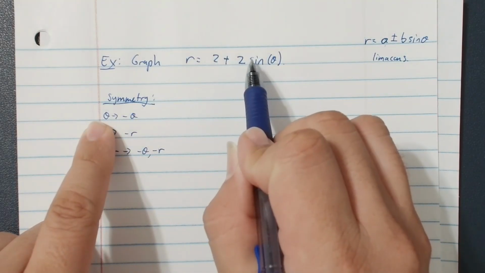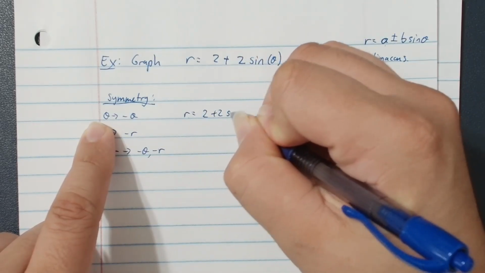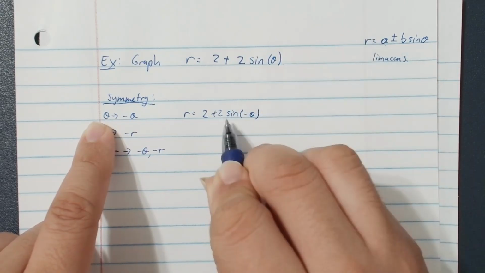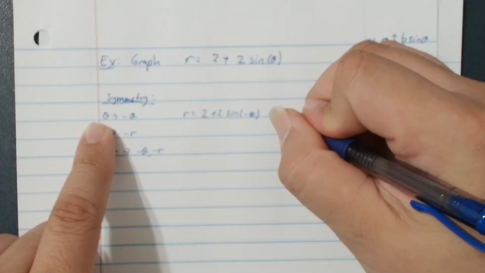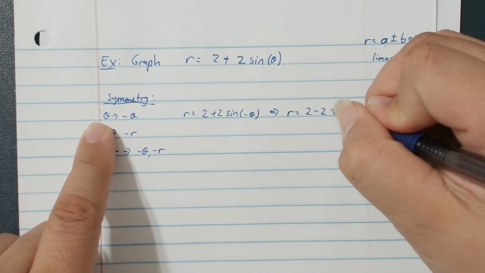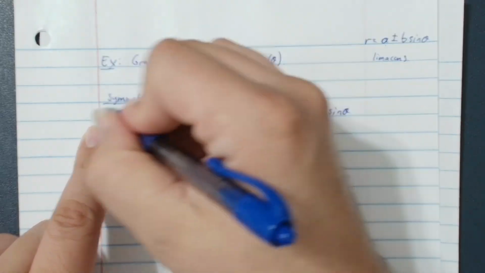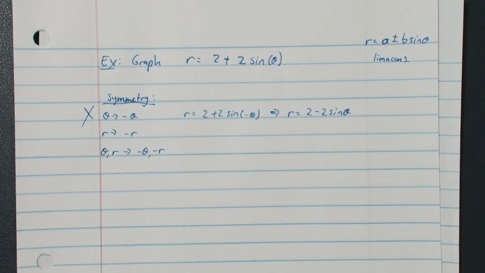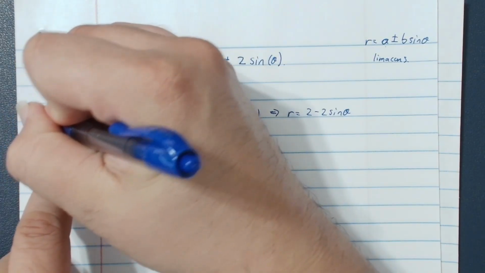So here, if I replace theta with minus theta, I get r equals 2 plus 2 sine of negative theta. And since sine is an odd function, the negative just gets factored out. So this becomes r equals 2 minus 2 sine of theta, which is different from what I started with. So this type of symmetry is not going to happen, meaning we will not have symmetry with respect to the x-axis.